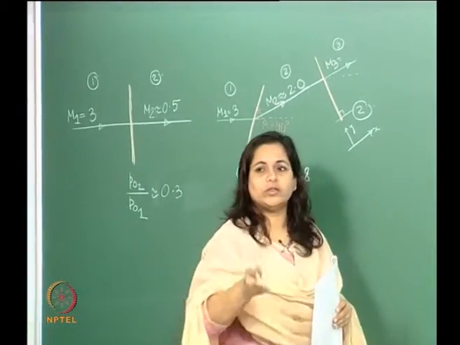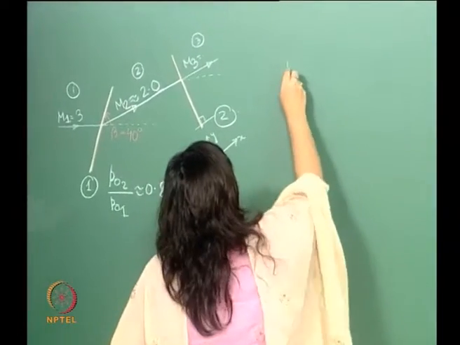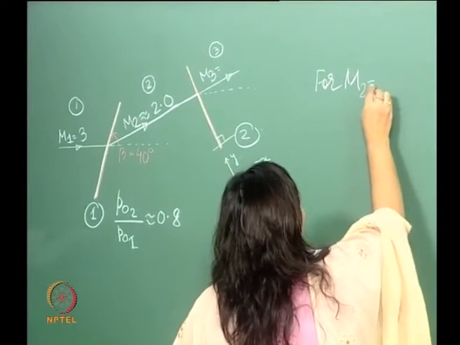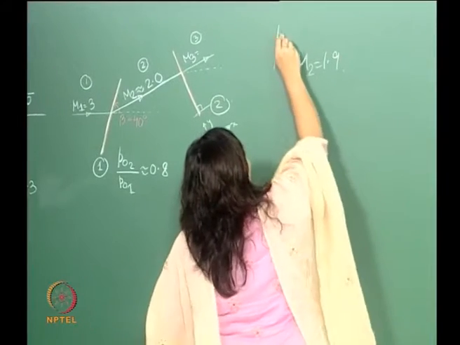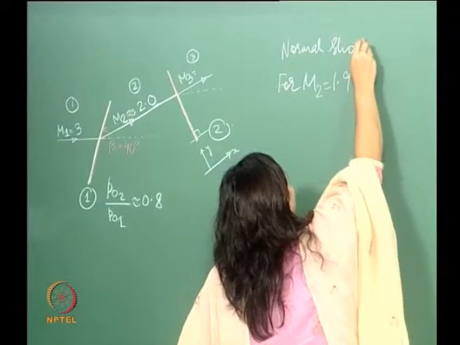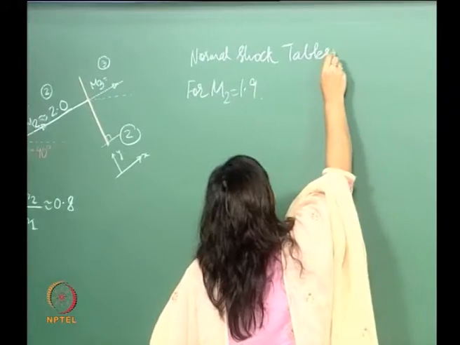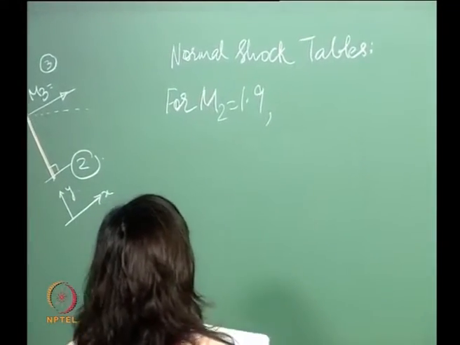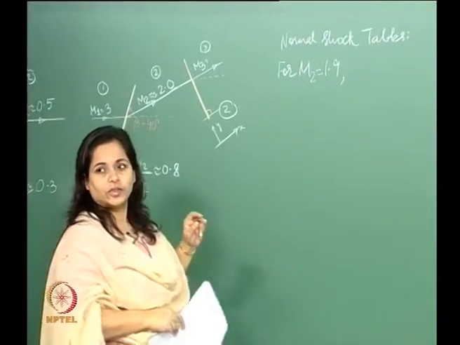So we will go to the tables. Using normal shock tables, what we get is the total pressures behind and in front of this normal shock.